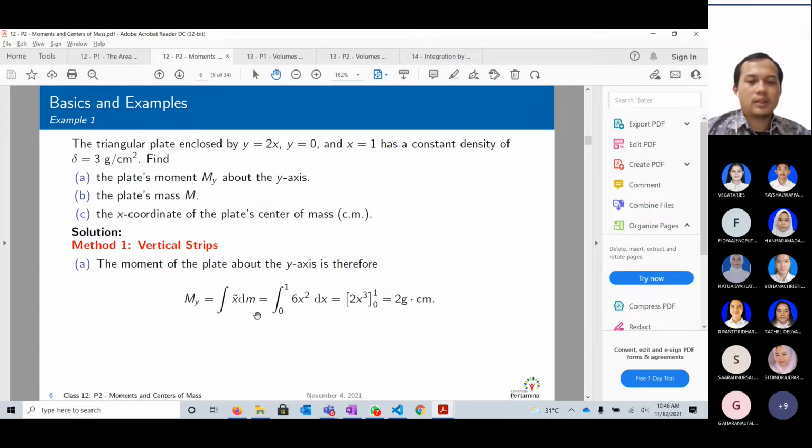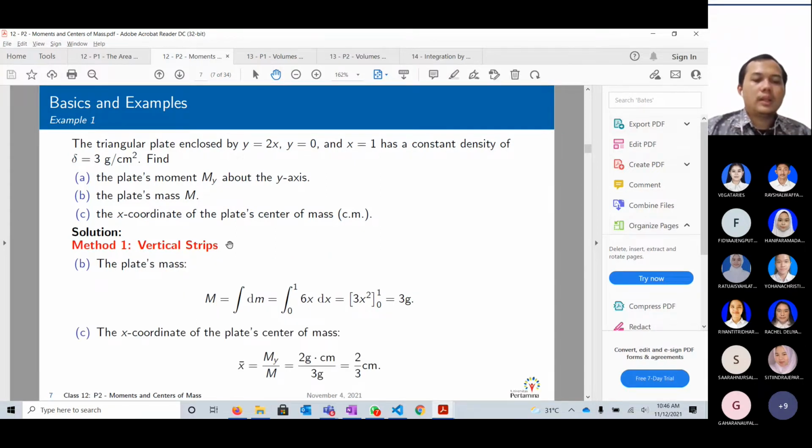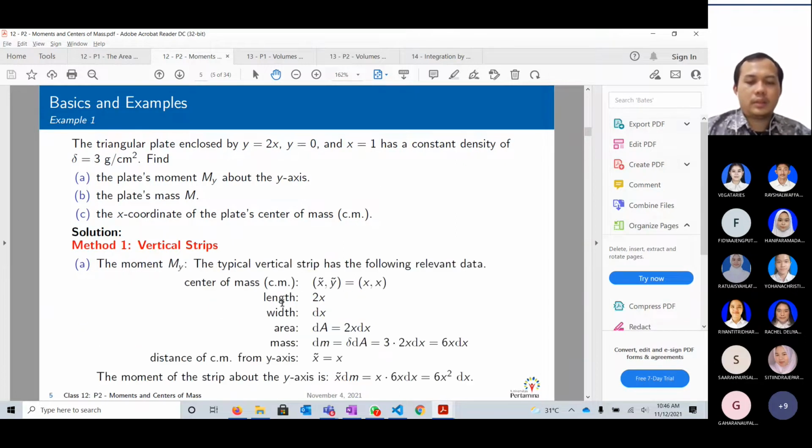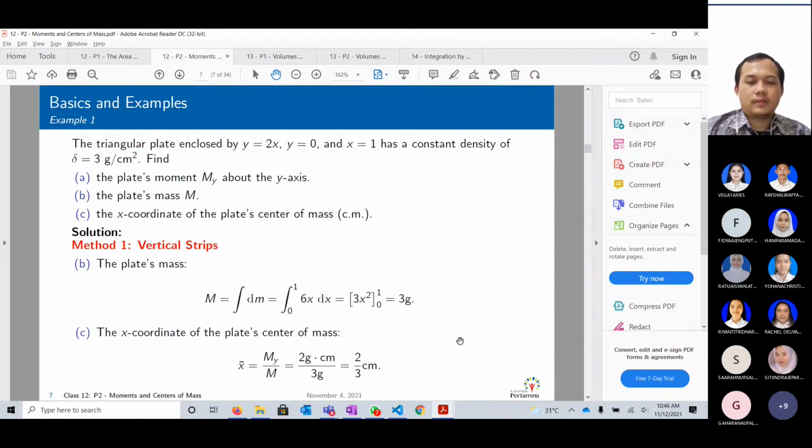This is the moment of the plate about the y-axis, and the plate's mass is the integral of dm. We have that dm is 6x dx, and the integral remains from 0 to 1. We find that the mass is 3 grams. Therefore, the x-coordinate of the plate's center of mass, x bar, is My divided by m, which is 2/3 centimeters.